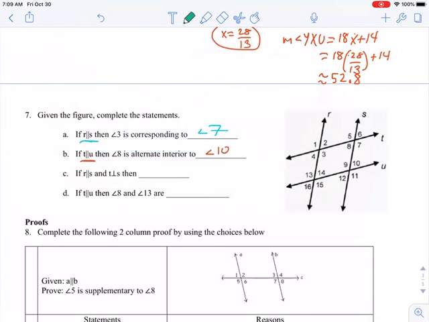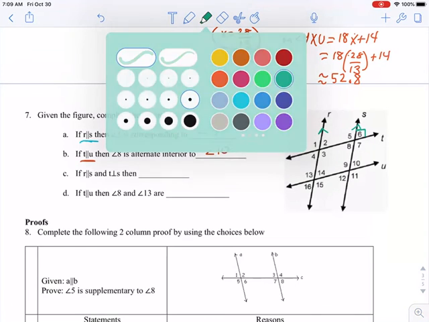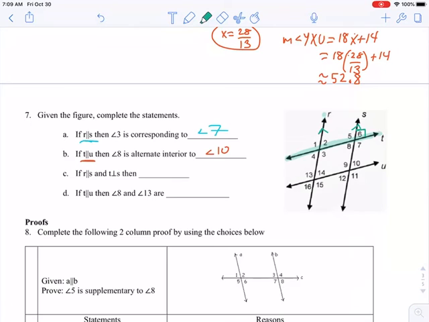All right, R is parallel to S, and T is perpendicular. So what does that mean? Well, let's focus on this stuff. Basically, it's saying R and S transversal, S and T perpendicular. All right. Well, then that means that's 90 degrees.